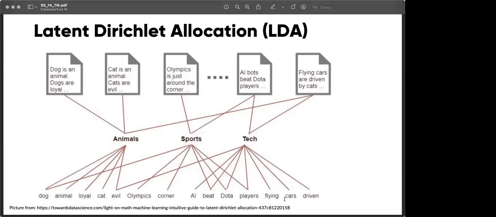Maybe we don't want to say that AI, Dota, and cars are the same thing and are related to the same overall idea of technology. Maybe we want cars to be different, or something else. Or maybe we want to differentiate between offline and online sports. So we have no way of knowing which decision would be optimal here beforehand.